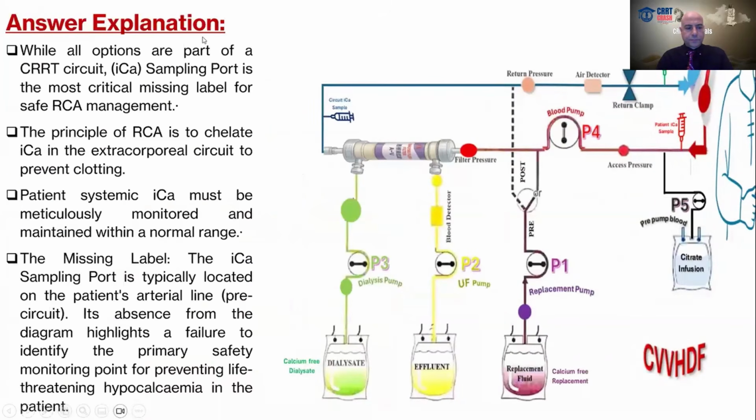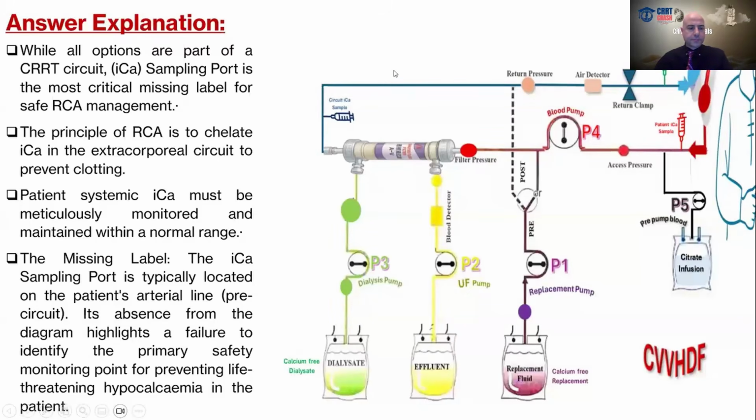While all options are a part of the CRRT circuit, the ionized calcium sampling port is the most critical missing label for safe regional citrate anticoagulation. The principle of RCA is to chelate ionized calcium in the extracorporeal circuit to prevent clotting. The patient's systemic ionized calcium must be meticulously monitored and maintained within a normal range.